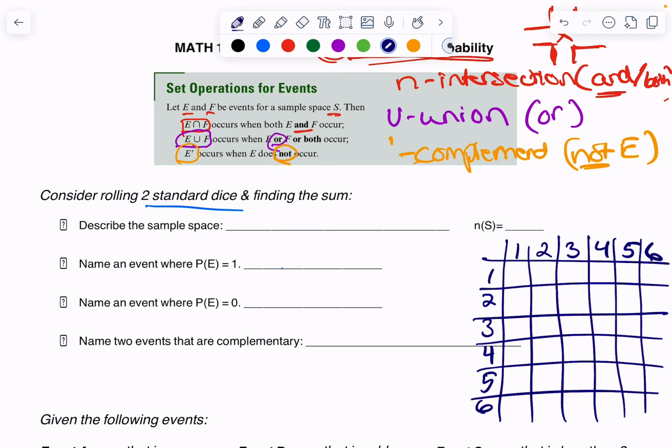When we roll both, if we get a 1 and a 1, that sum is 2, right? So our sample space starts, or the smallest number is going to be 2 because it is a sum. Then we've got 1 plus 2, which is a 3. Next one is 2 plus 2, which is a 4. Next, 2 plus 3 is a 5. 3 plus 3 is 6.